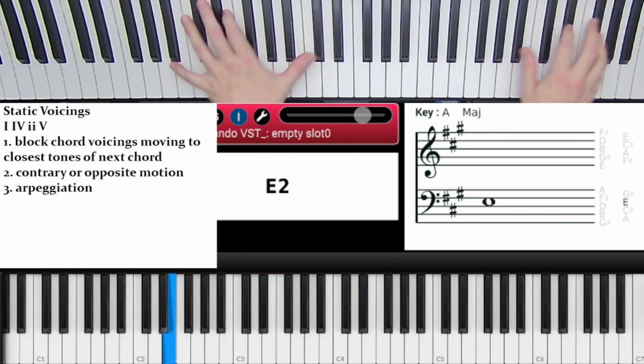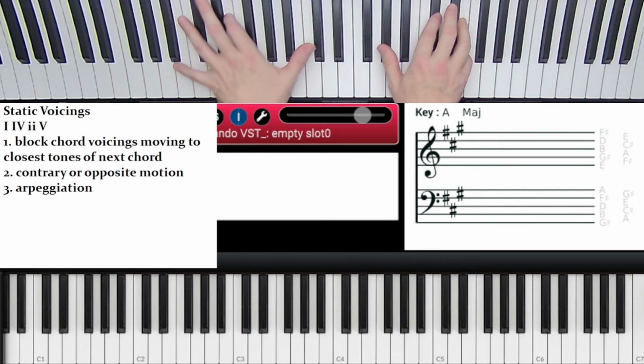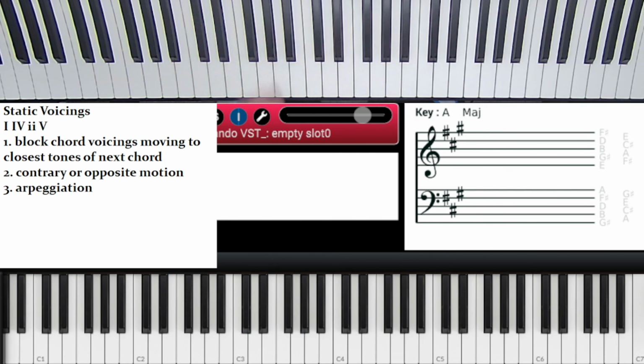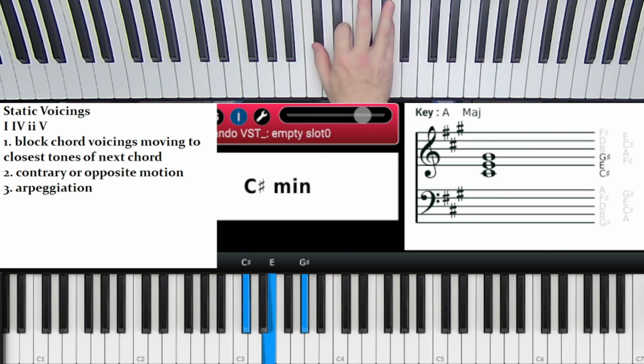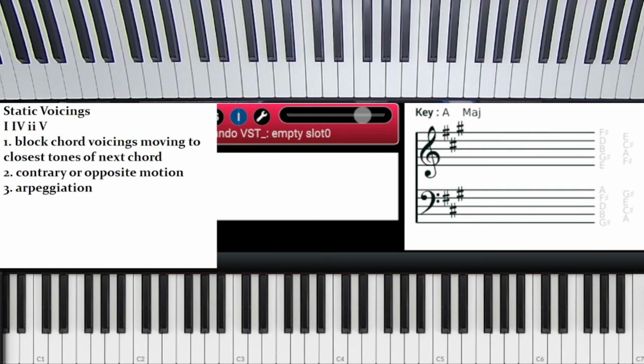So remember, this isn't just about keyboard. These kinds of effects can work even with guitar music. I know most guitar players are probably never going to do stuff like that, but this is not instrument specific. This is just a technique, arpeggiation.